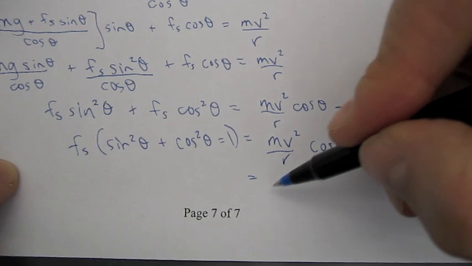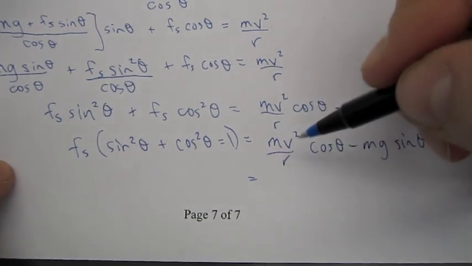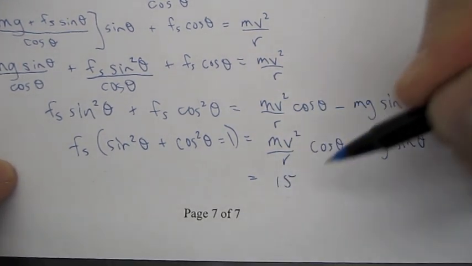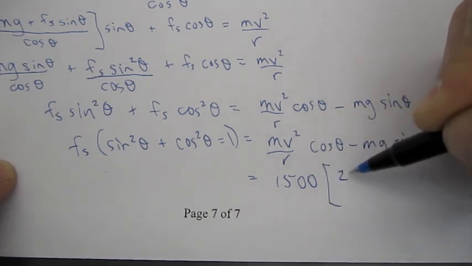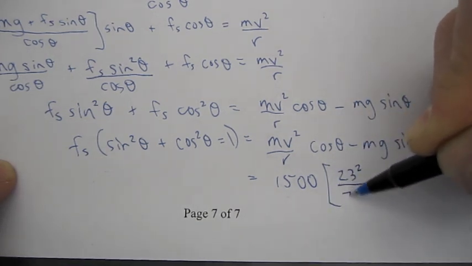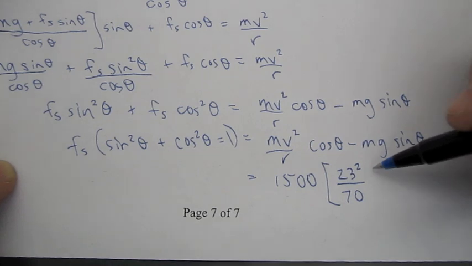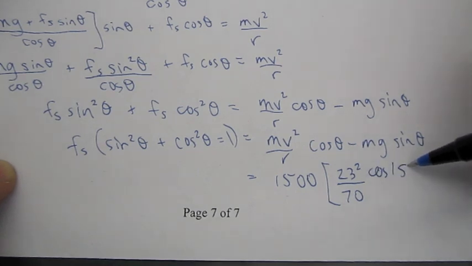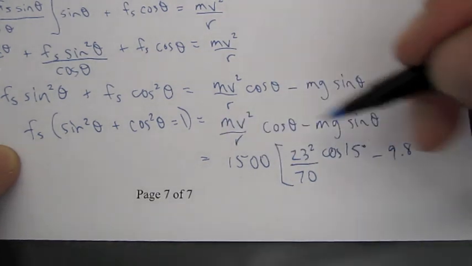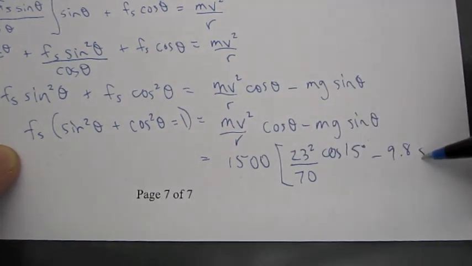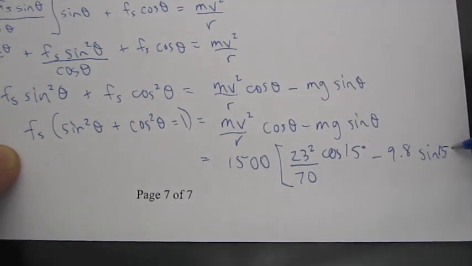So working that out, it's equal to 1,500 kilograms times 23 squared divided by 70 meters times cosine of 15 degrees minus 9.8, again I've pulled out the factor of m here, sine of 15 degrees.